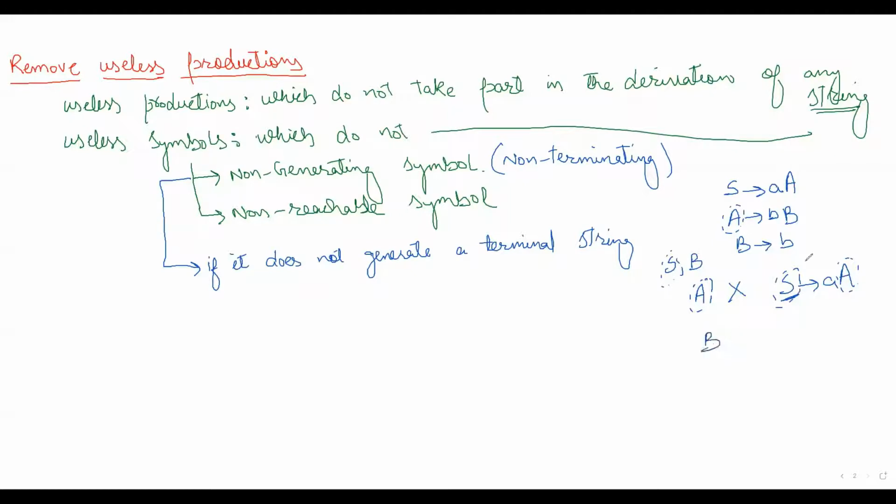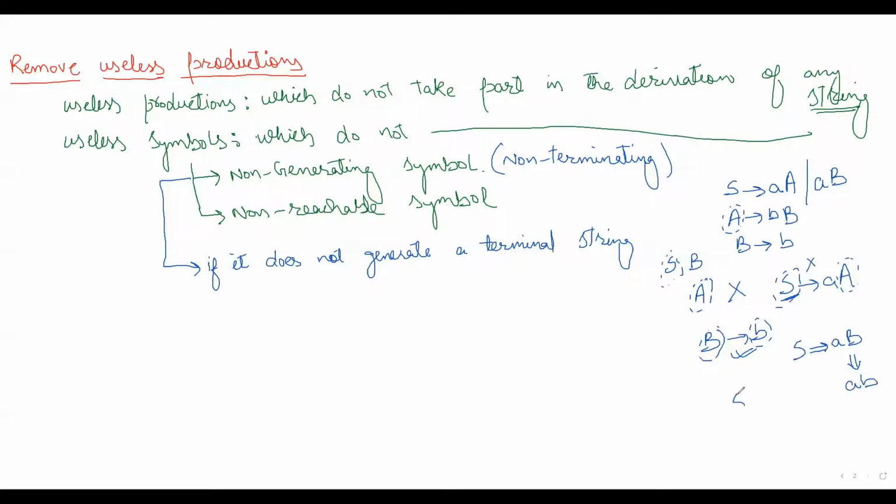What about B? B generates b, so B is a generating symbol because it generates a terminal string. But if S gives AA or AB, is S non-generating? No, because S generates AB, and B can be replaced by b.